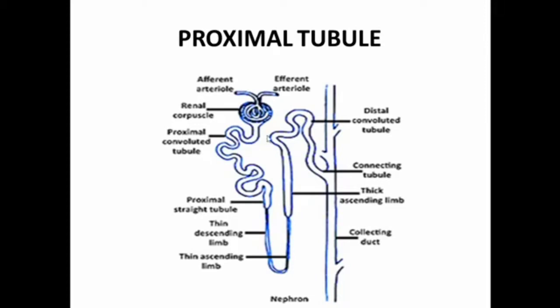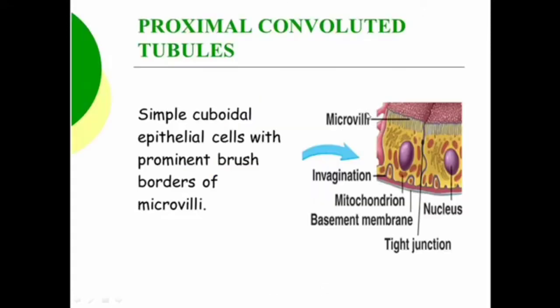Now, coming toward the histology, what we can see under the microscope about this proximal convoluted tubule. You can see here one cell that is lining this proximal convoluted tubule, and this is a simple cuboidal cell.